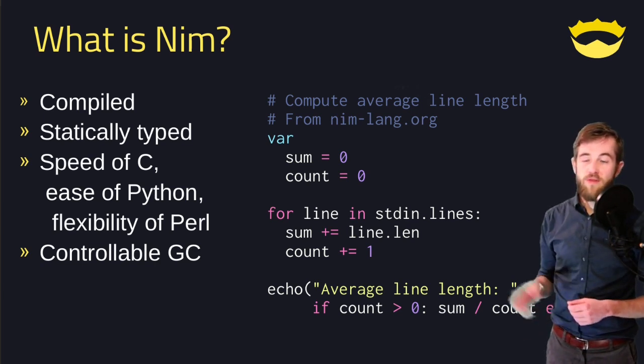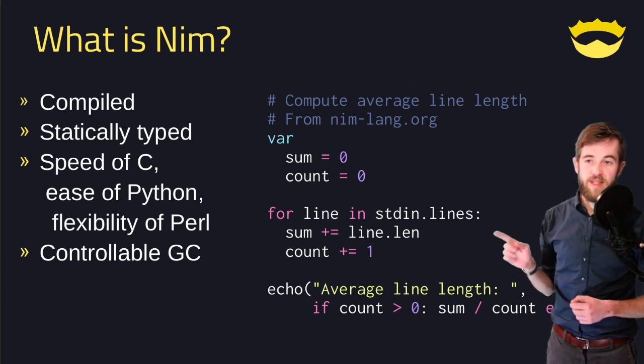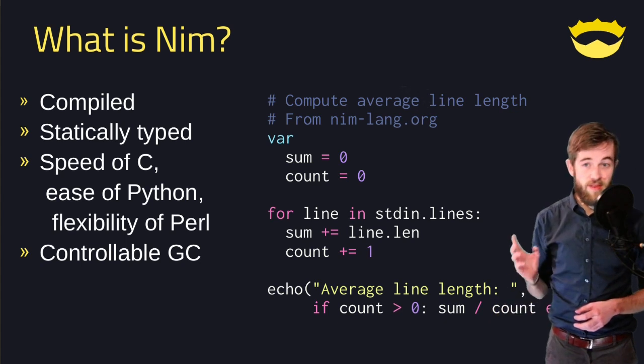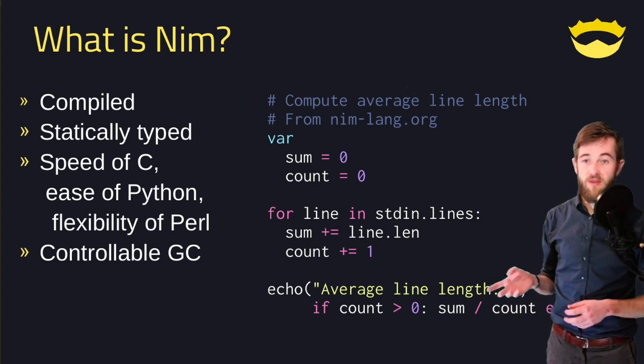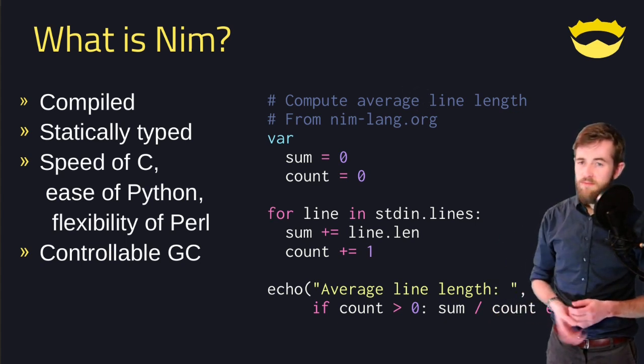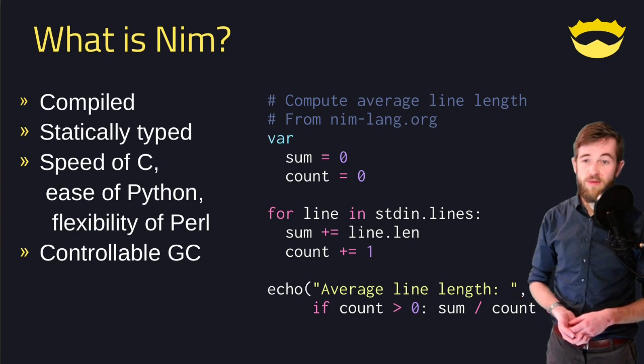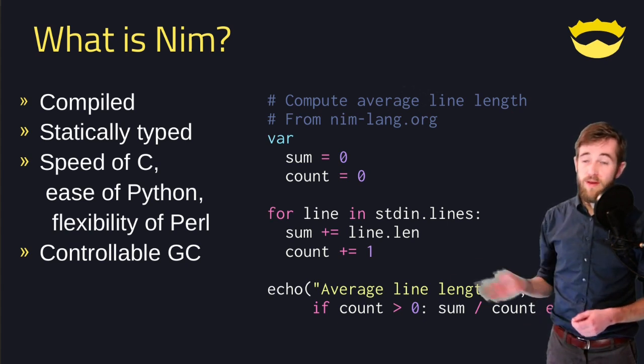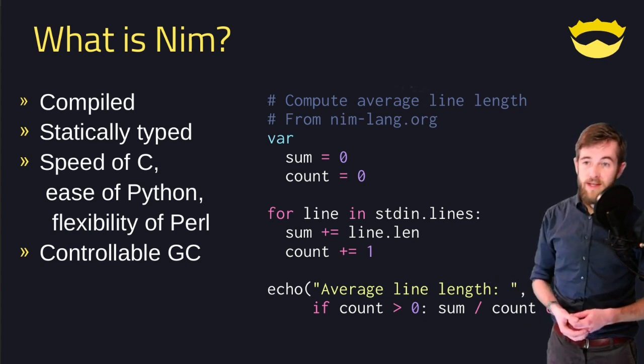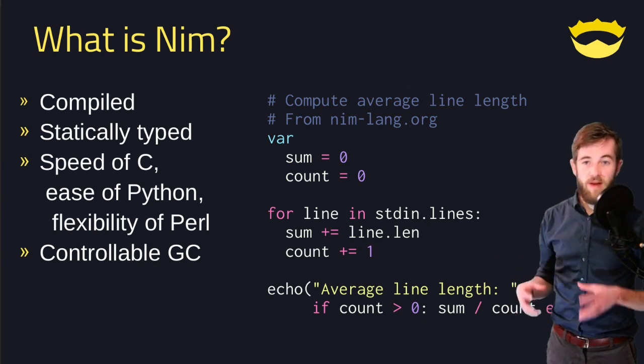So you can really leverage the type system to our benefit. I included a quote here: "The speed of C, ease of Python, flexibility of Perl," which I originally thought was something that Andreas, the creator of Nim, had said. But he told me afterwards that he hadn't said it, and I have included it in other talks, and now it's been attributed to me. But it is true. It really combines the best of different things.